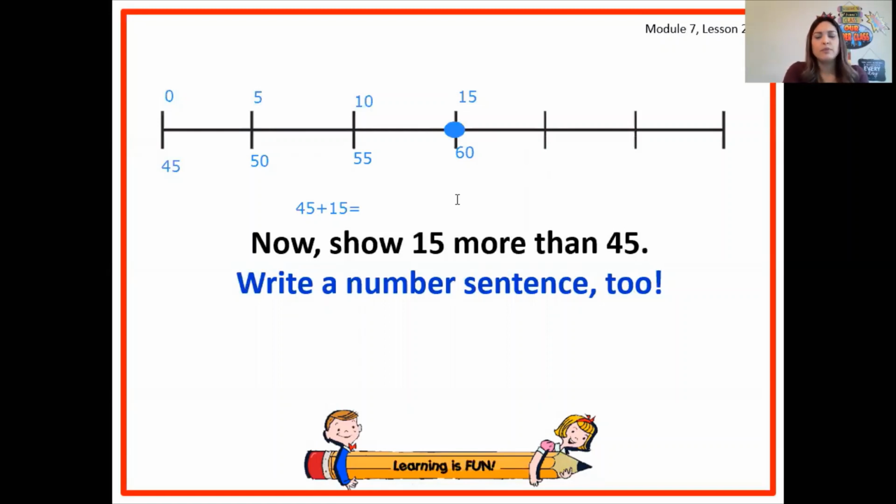No, I don't, because remember that's the whole point of putting this circle here, so that I knew that that's where I stopped. So 15 more than 45 is 60. Very good. So here I showed 15 more than 45 on my number line, and I also wrote my number sentence. Very good. Ready for another one?